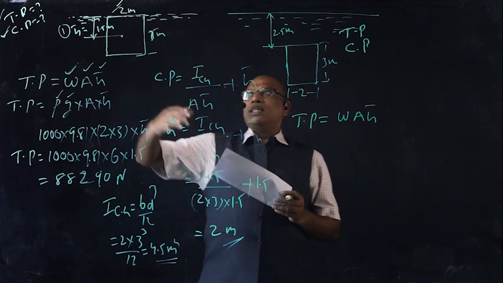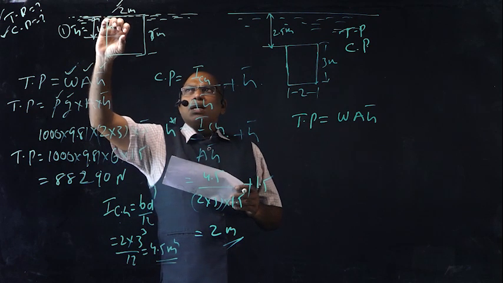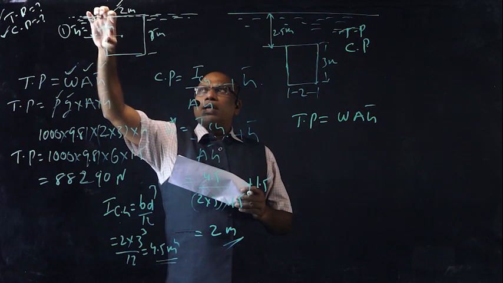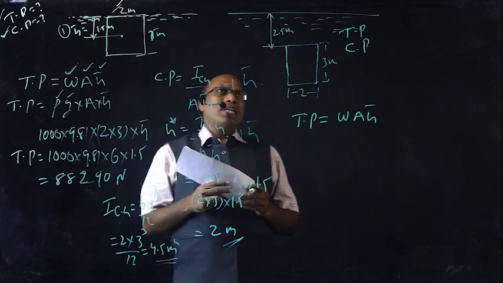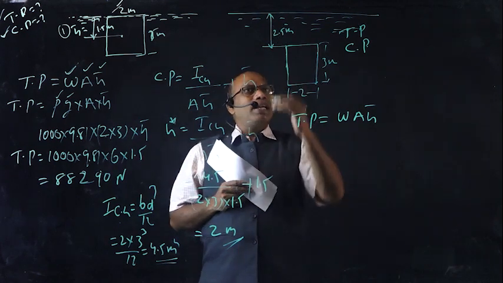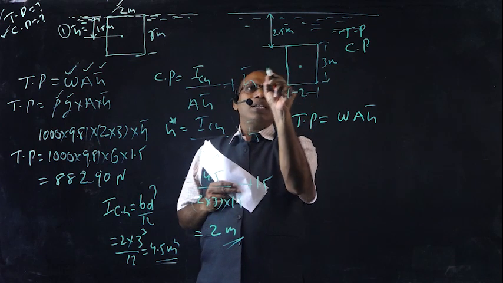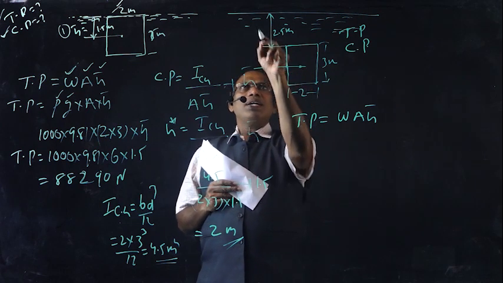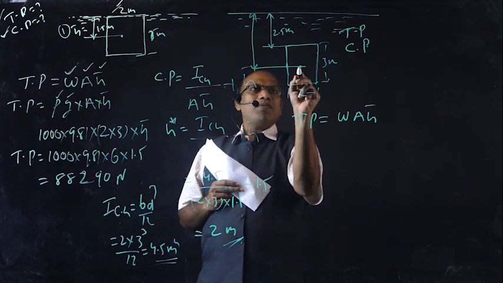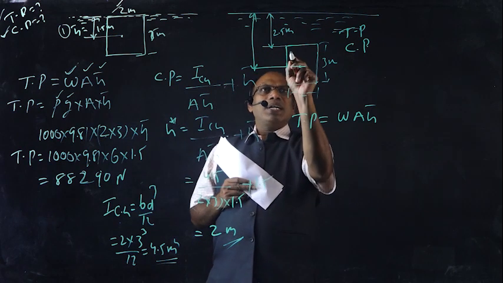In the earlier case, the body coincides with the free surface, therefore the center of the rectangle from the top surface is 1.5 meters. Here the top of the body is 2.5 meters below the free surface. Therefore, this is the H bar, that is the distance between the center of the object and the free surface.